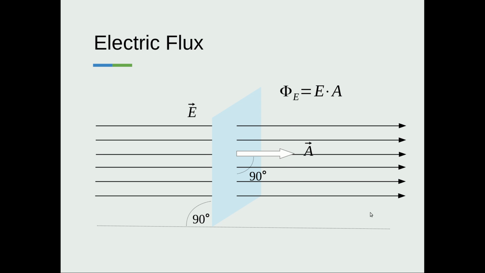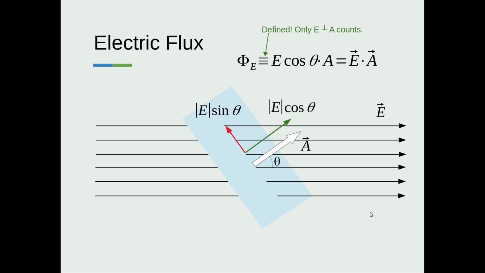And then the second case is like this. I have an electric field, but if my boundary is a little bit tilted, it's not really perpendicular to my electric field, what is the flux? In this kind of situation, what is the actual amount of electric field lines passing through my surface?